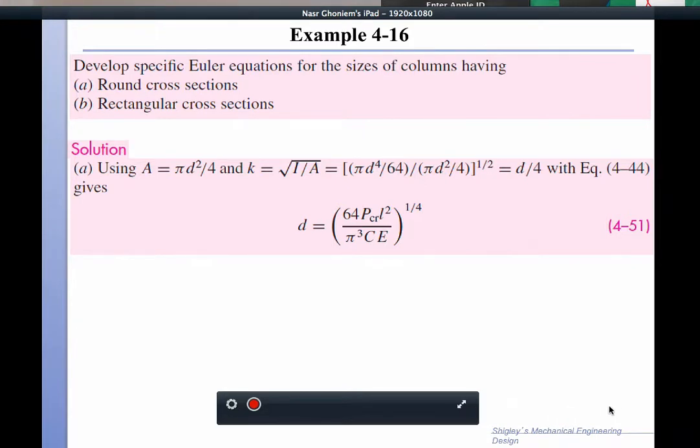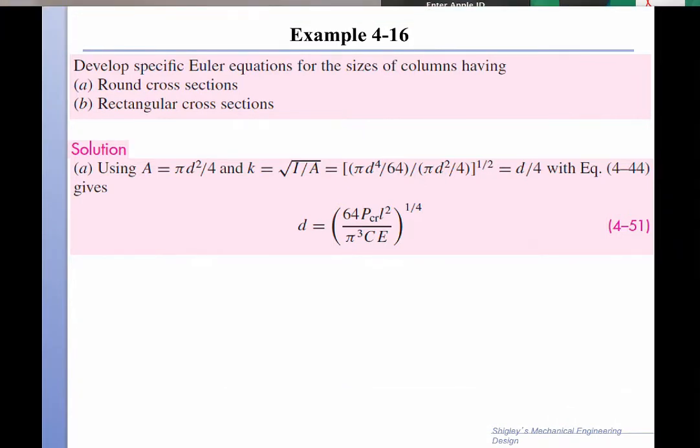If we go back to equation 444, we will find that this is the actual diameter from the calculations.